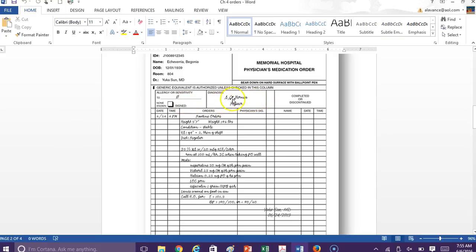Their diagnosis is a hernia repair, and the date that the order is written, June 24th, written at 4 p.m. Of course, we know that that should be in what form to be appropriate. Routine orders: patient's height and weight, their condition is stable, their vital signs, and they have a regular diet.